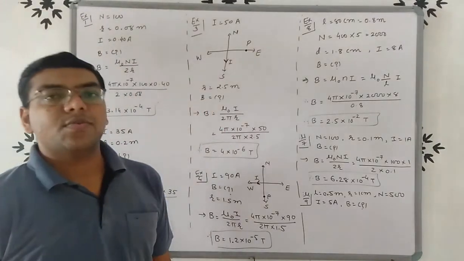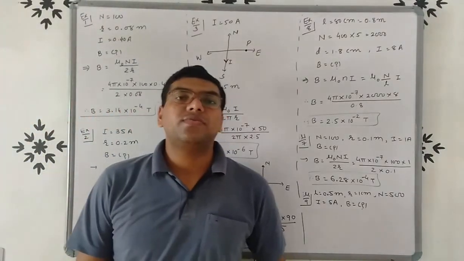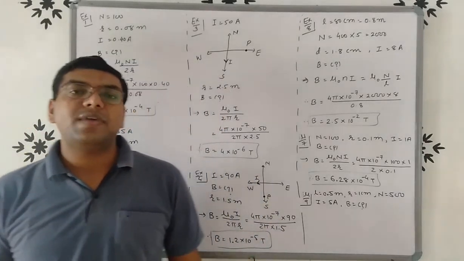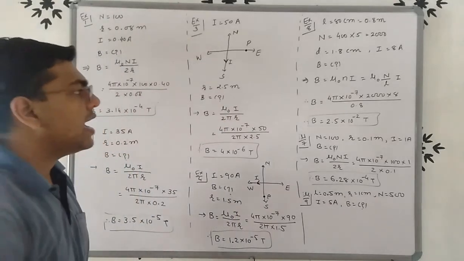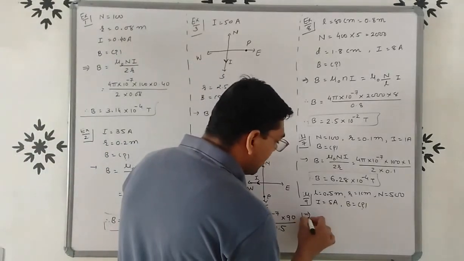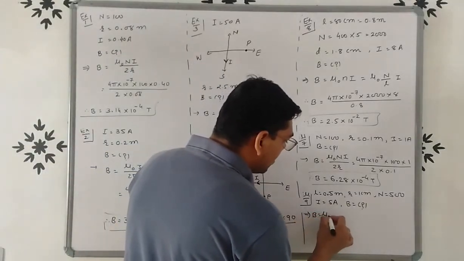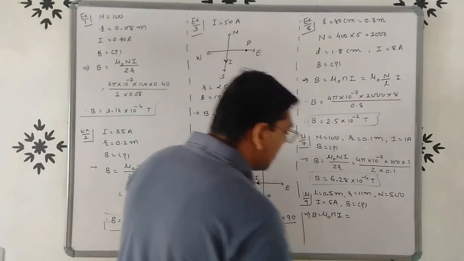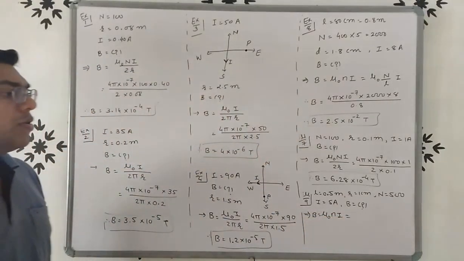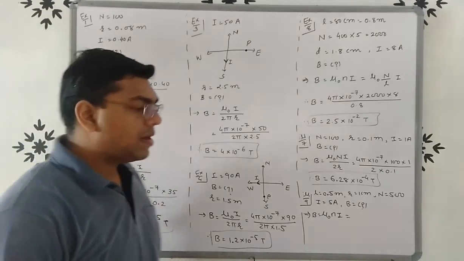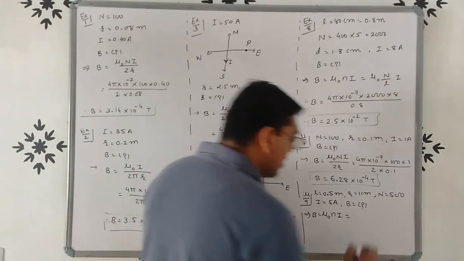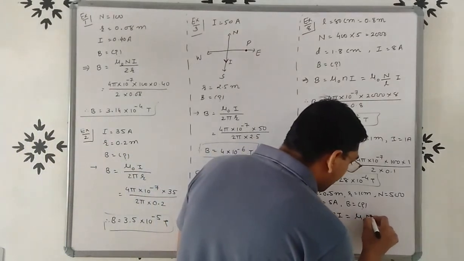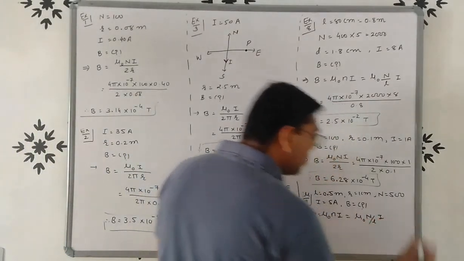Once again, we know the formula of magnetic field for solenoid, B equals mu 0 small n I. But here we don't know the value of small n, but we know that small n equals capital N upon L. So mu 0 capital N upon L into I.